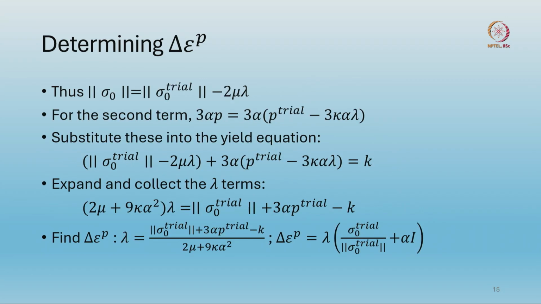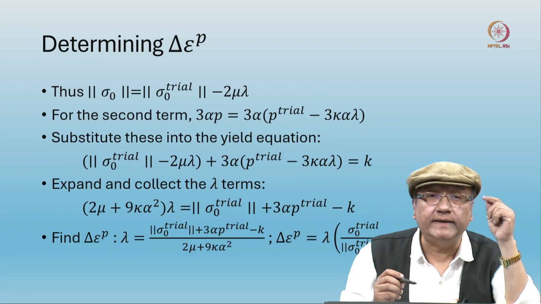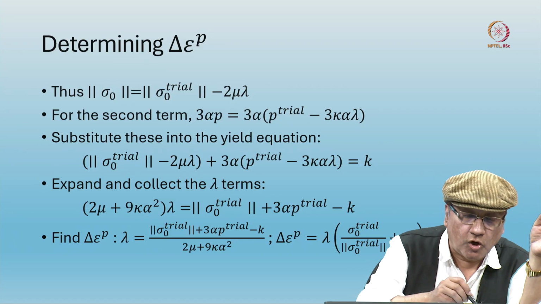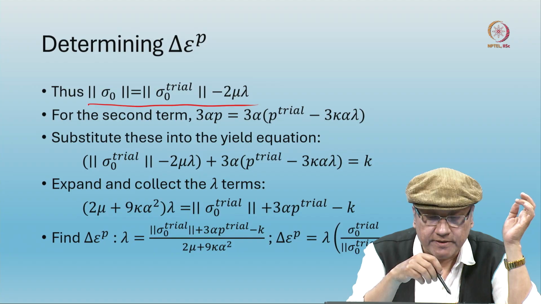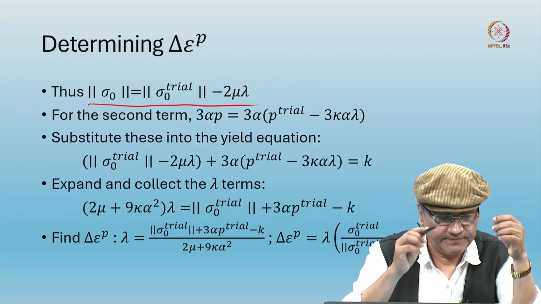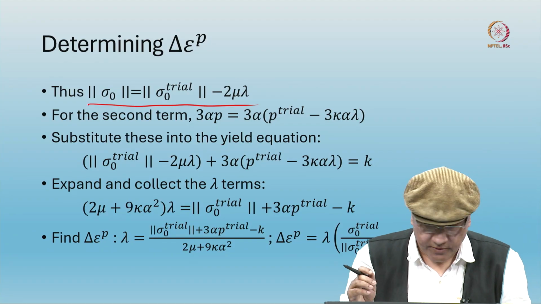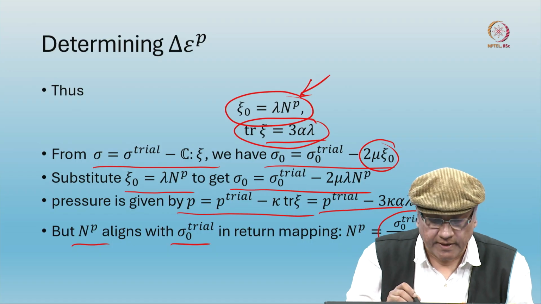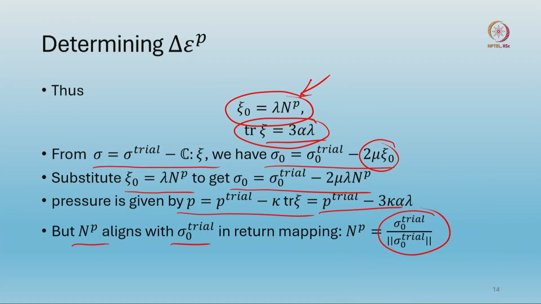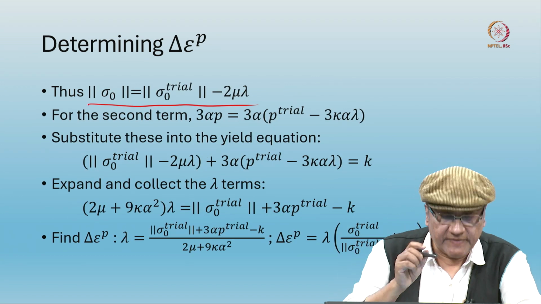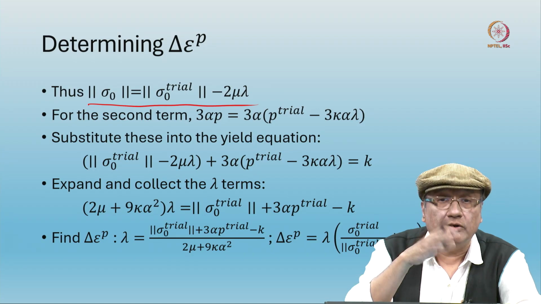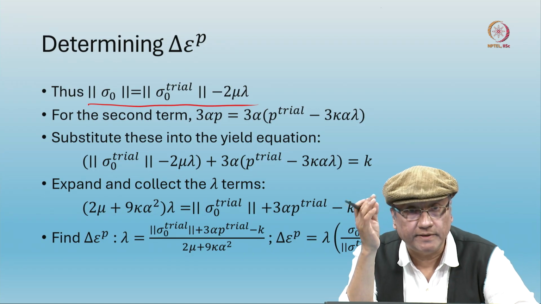So, now I can write the overall norm of sigma 0 to be equal to the norm of sigma 0 trial minus 2 mu lambda, because of this last expression that we had for sigma 0. Okay. So, now substitute all this in the yield condition, in the yield function.